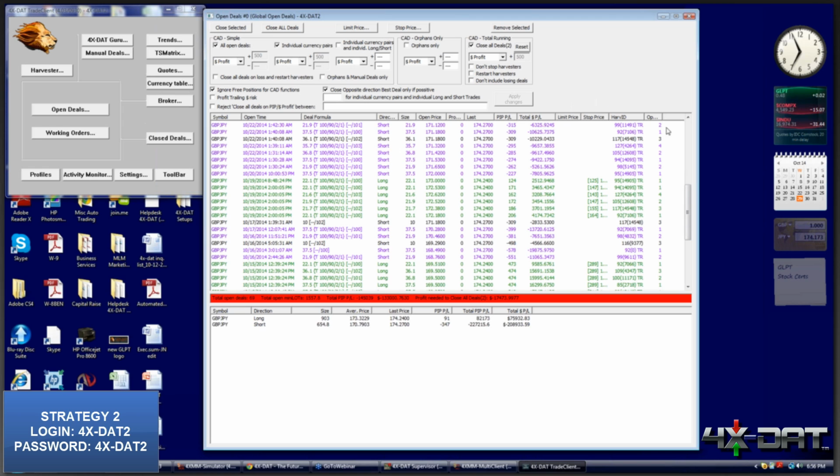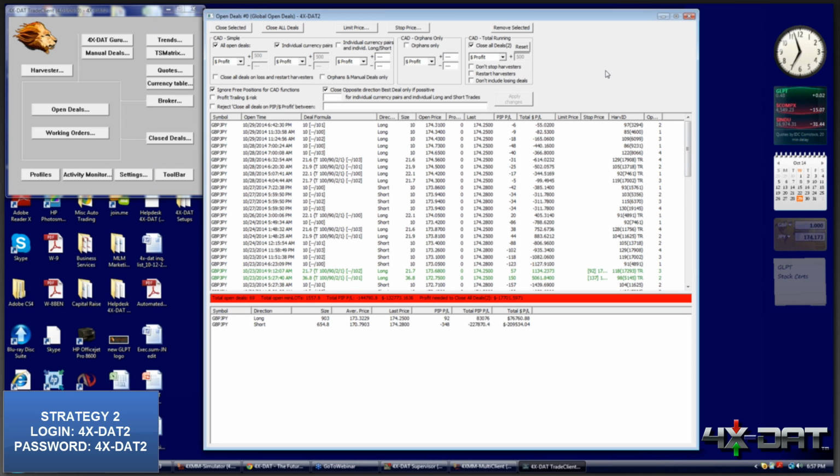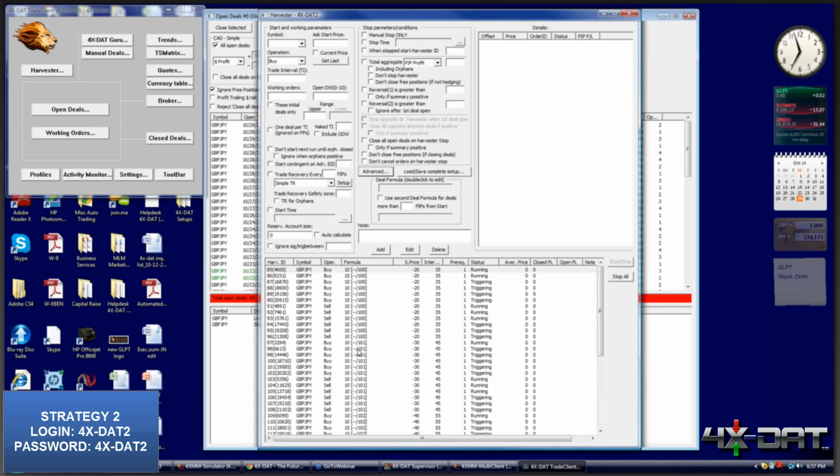And I'm actually glad that it is the way it is, because it gives me an opportunity to really explain the idea of the algorithms and of the trading sequences that the software creates as a result of these harvesters.